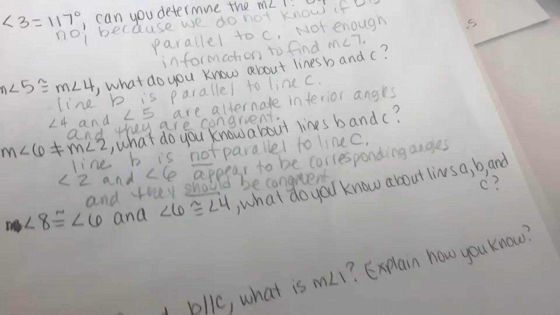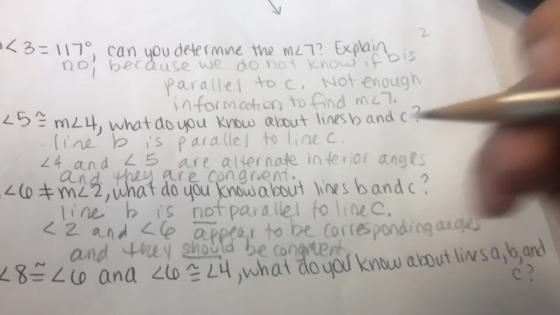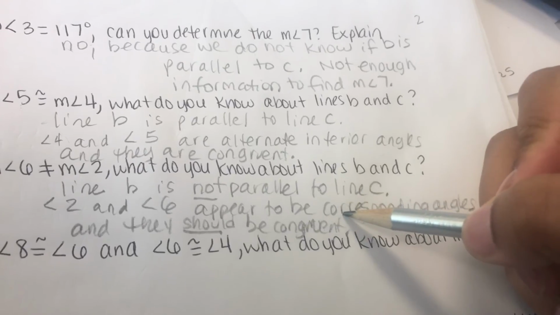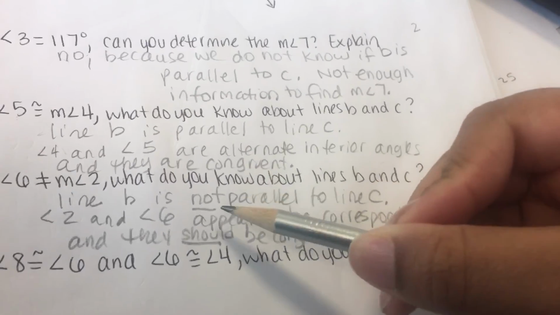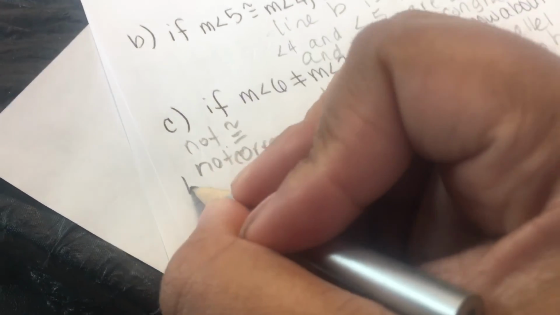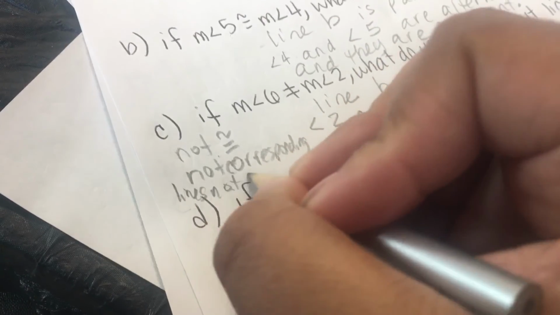You can just end it like that. Basically, you're saying that since they're not congruent, they're not corresponding, and since they're not corresponding, the lines are not parallel.